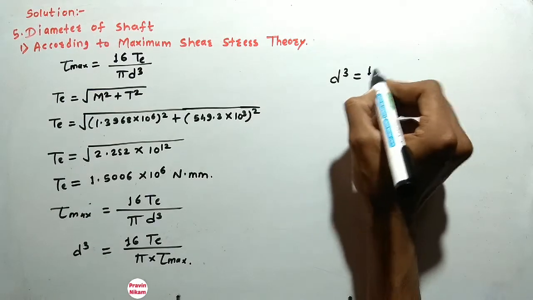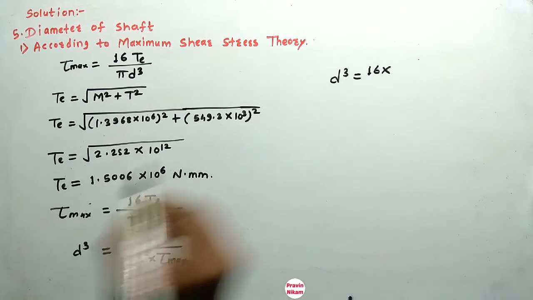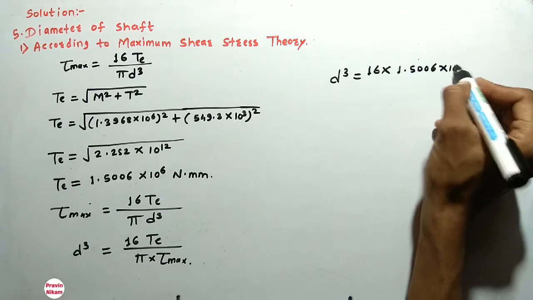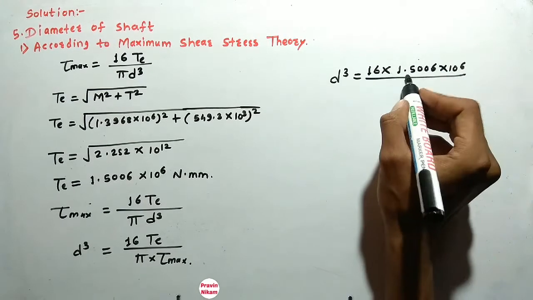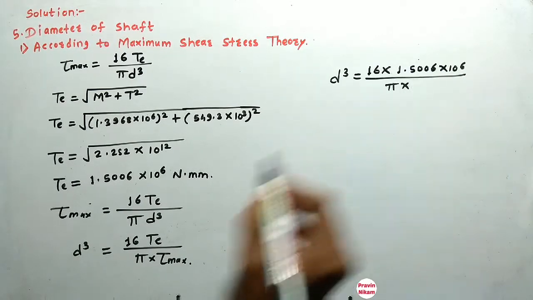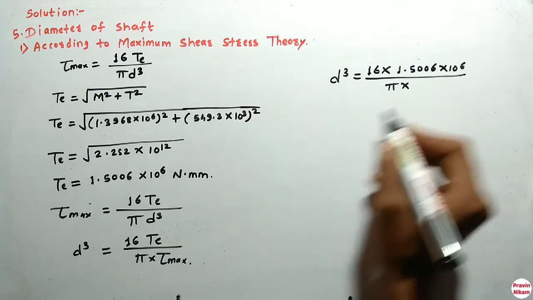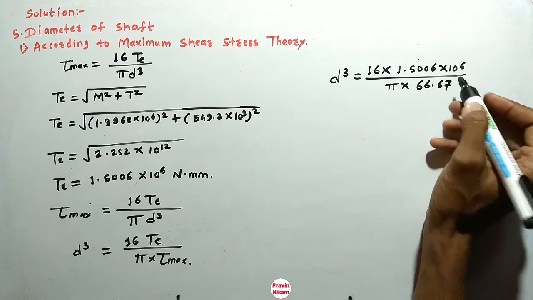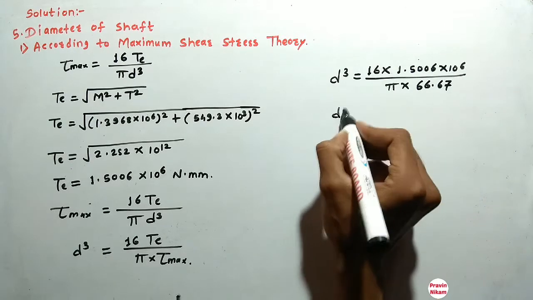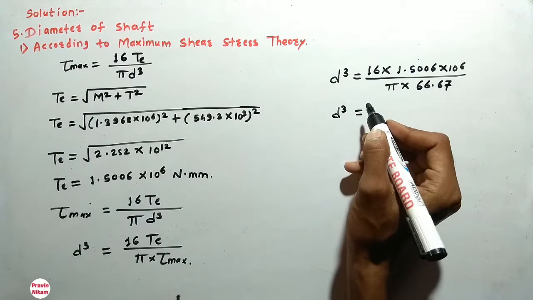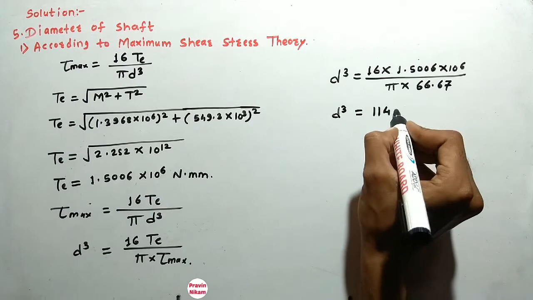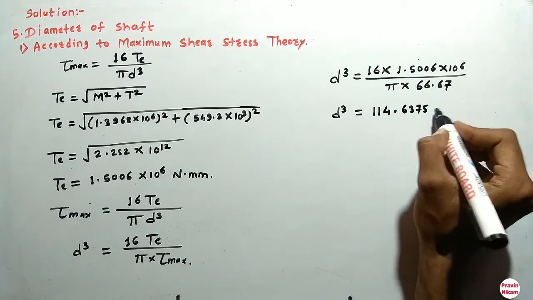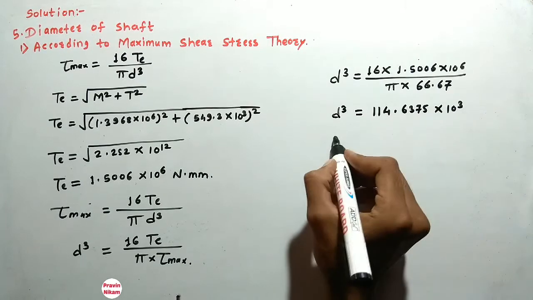So d cube is equal to 16 into 1.5006 into 10 raised to 6 divided by pi into the value of tau max, which we know from the first step, the permissible stress, is 66.67. So d cube becomes 114.6375 into 10 raised to 3.